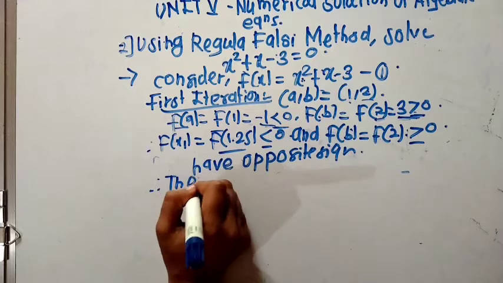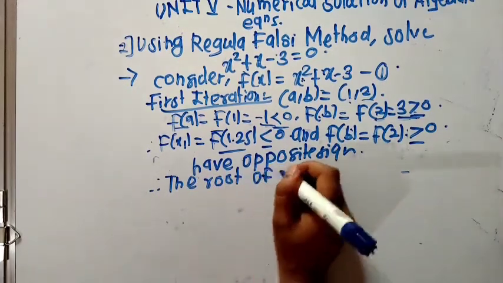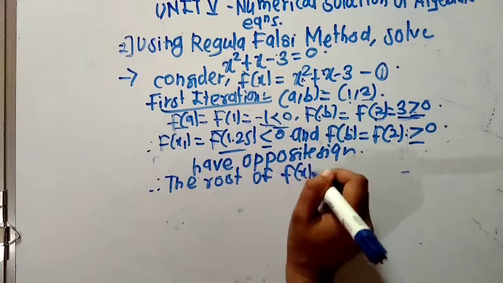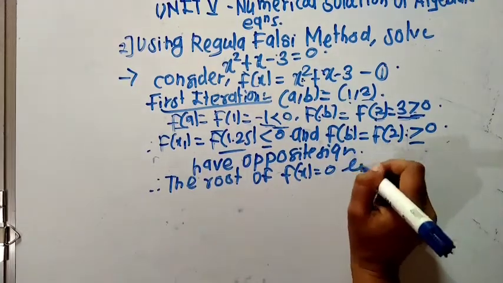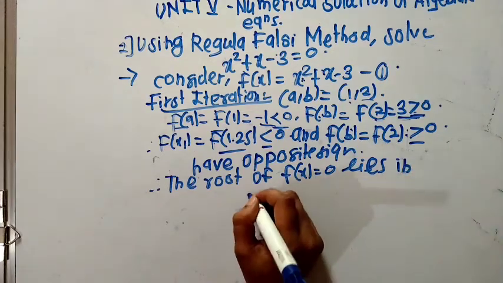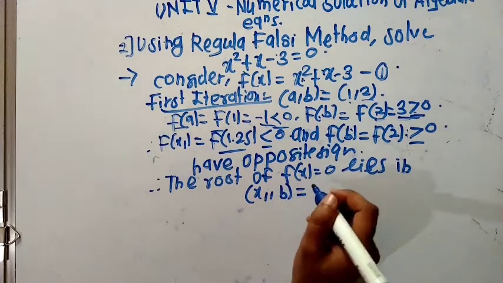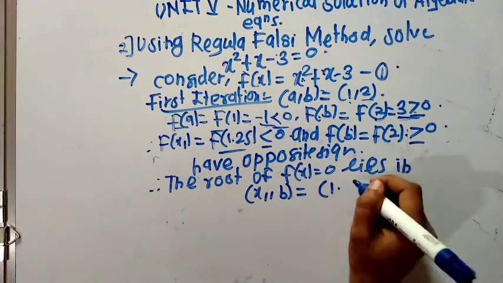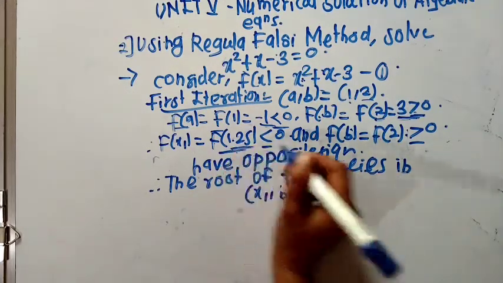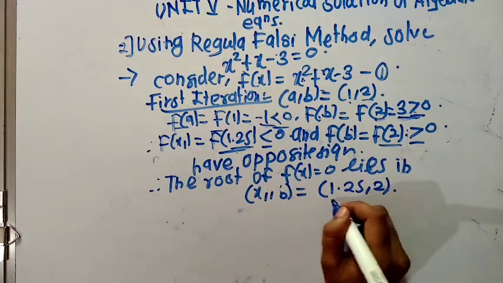Hence the root of f of x equal to 0 lies in the interval x1 and b, so 1.25 and 2.